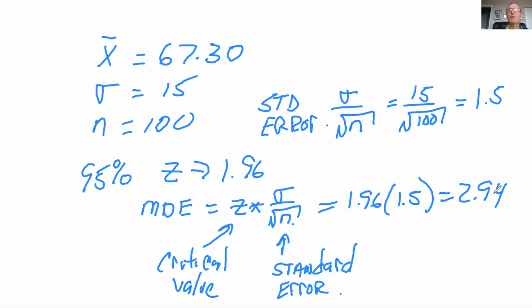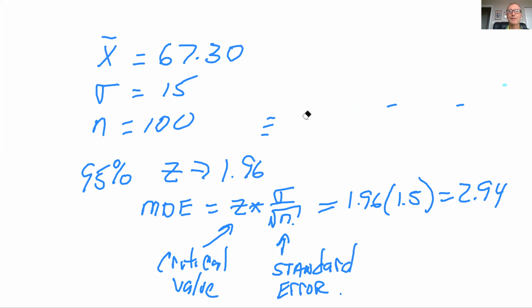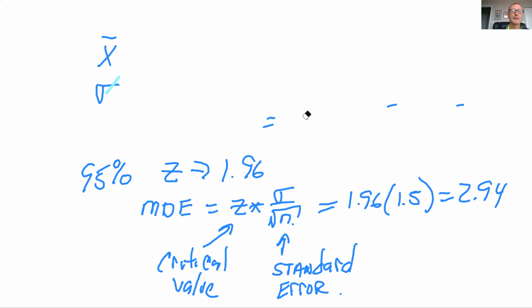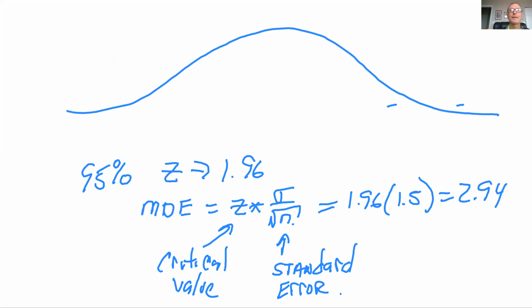So if you think about what this would do, for a 95% confidence level, what the little graph would look like here is, say, we do a little bell curve like that.